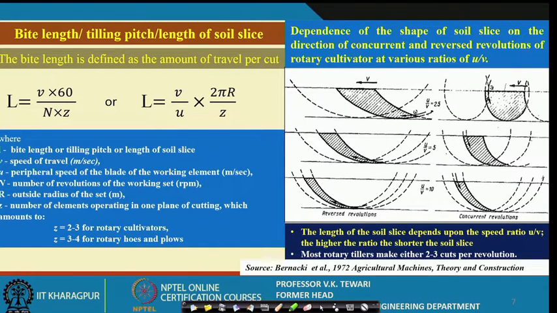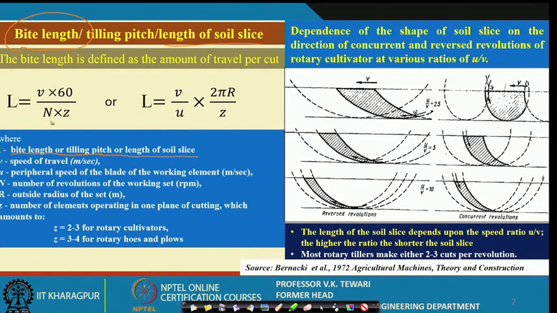The one which is coming into play at this point of time is the bite length, or the length of the soil slice. It is very easy to understand once you know about the rotation of the shaft and the rotation of the blades. You can very easily compute the bite length, or the tilling pitch, or the length of the soil slice which we have shown earlier.